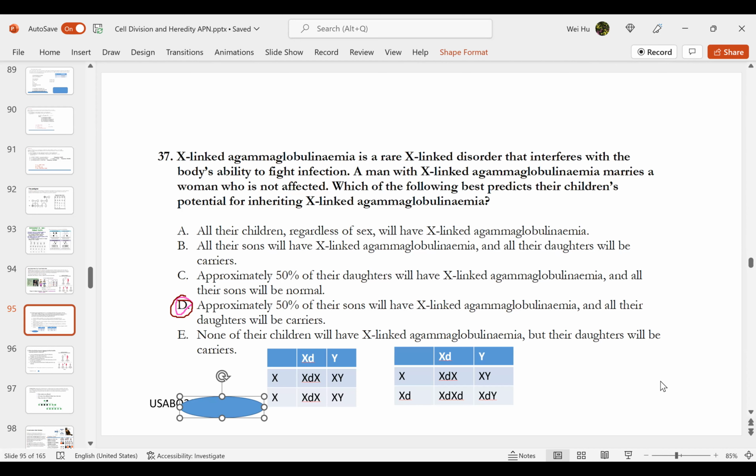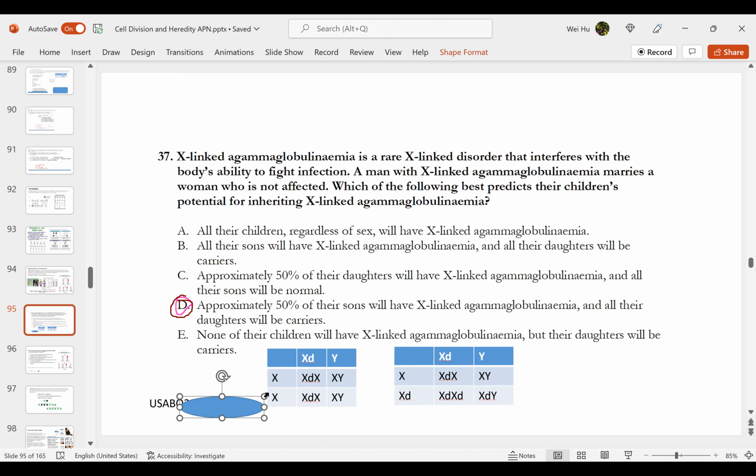Quite panic, right? So let's go through it together. Okay, so number one, the man's disease. The father has the disease gene XD on X, so he shows symptoms. Then the mother has no symptoms, appears normal.